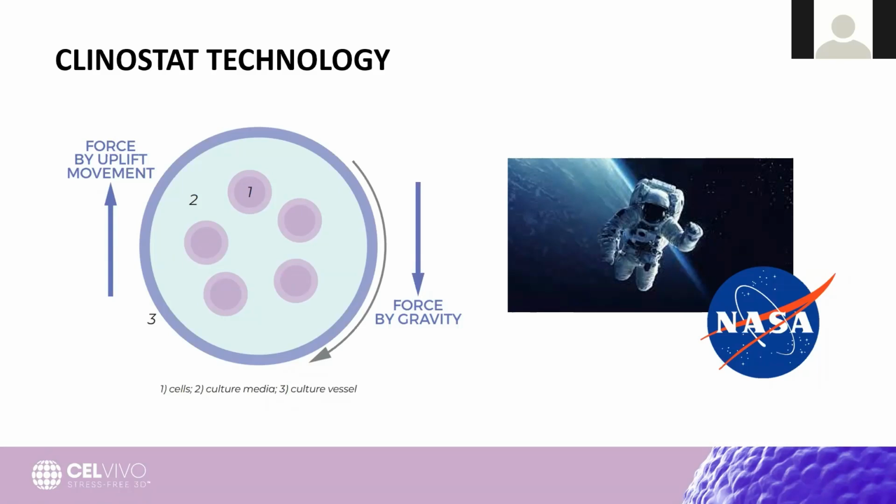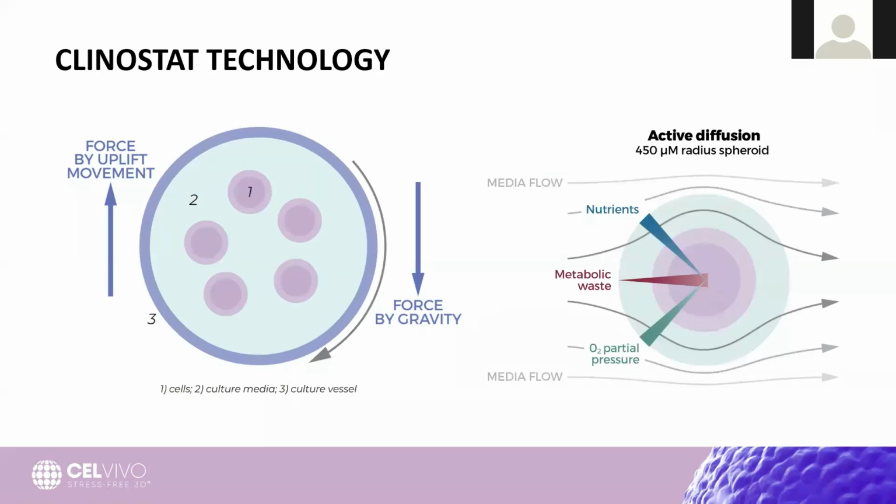So the shear forces you introduce into these cultures is very low, but you still get the benefit of the active diffusion because the media is slowly moving around the constructs. So it's much like the hydrogel, where the cells are basically standing still and getting time to conglomerate, but they are experiencing active diffusion, but without having any scaffolds around them.